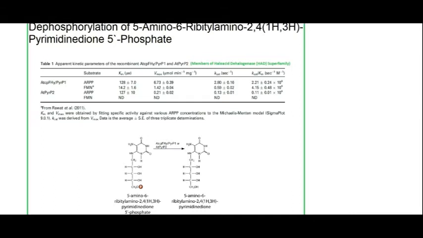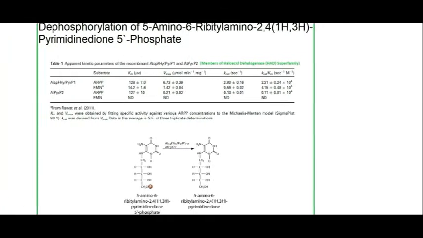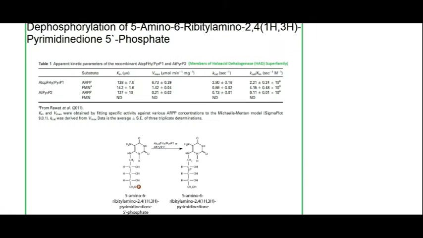I don't think I put that mechanism here, but they call it a superfamily because there are a lot of enzymes that use this same sort of mechanism, and they're called haloacid dehalogenases because a lot of them actually take halogens, which are things like chlorine and bromine and iodine, and I guess fluorine, off, particularly things like chlorine.